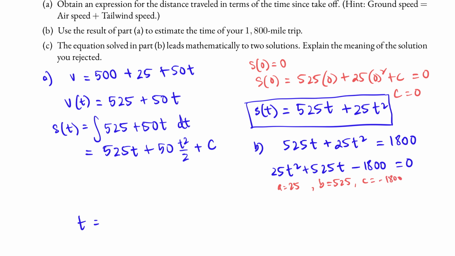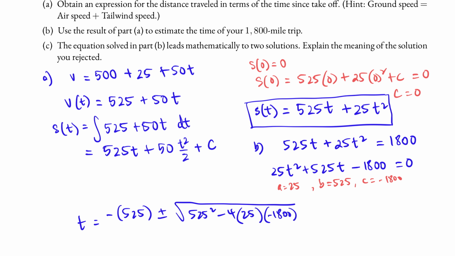t equals negative B, B is 525, plus or minus the square root of b squared, 525 squared, minus 4 times A, A is 25, times C, C is negative 1800, divided by 2a, 2 times 25.